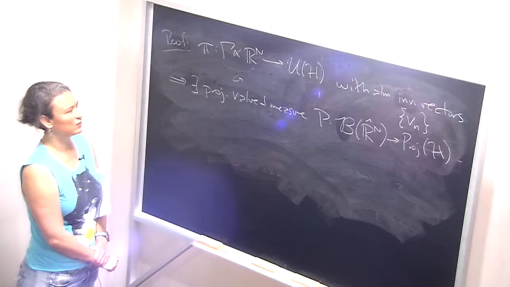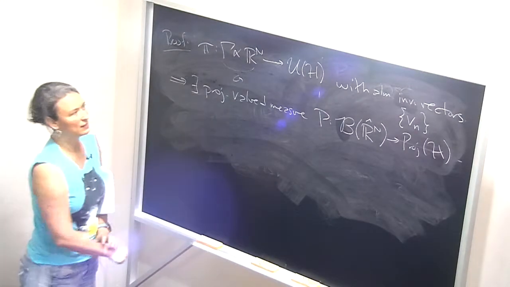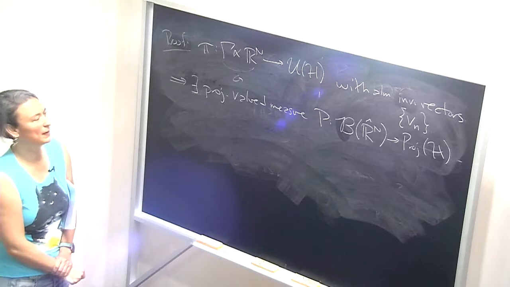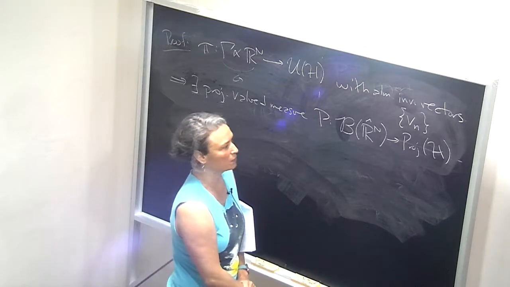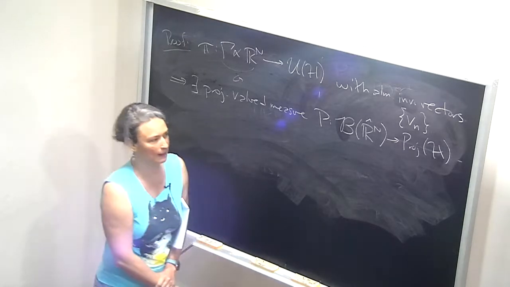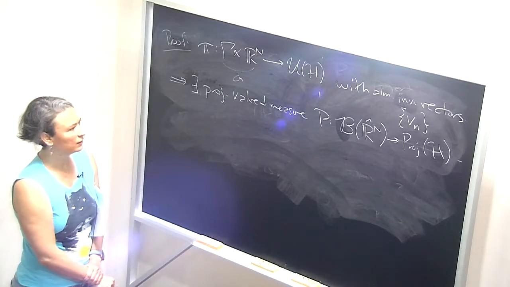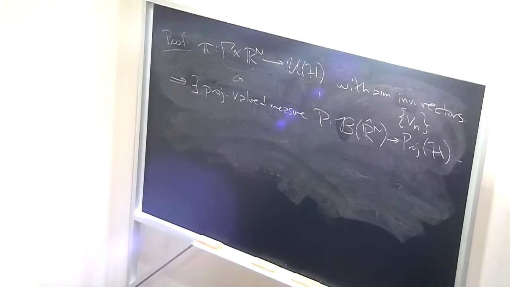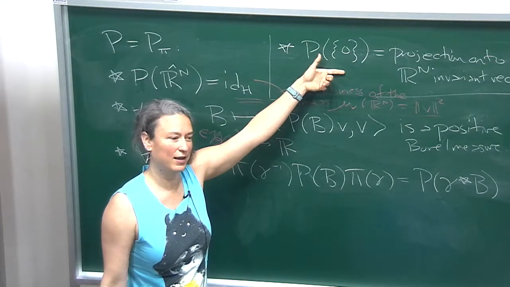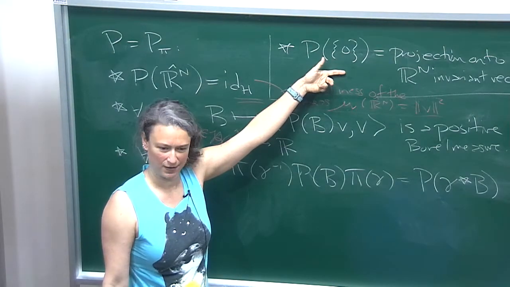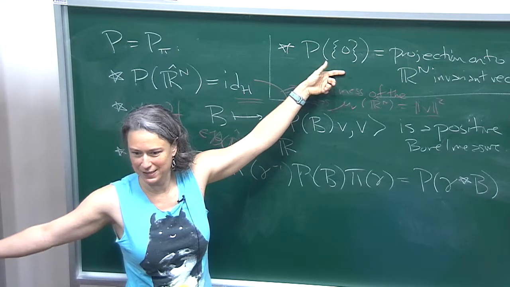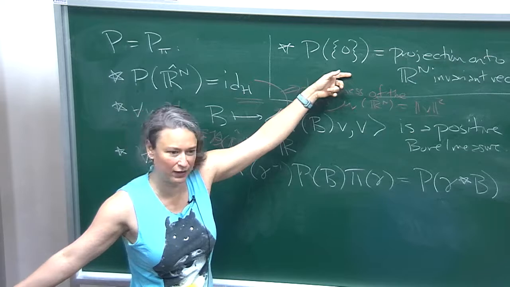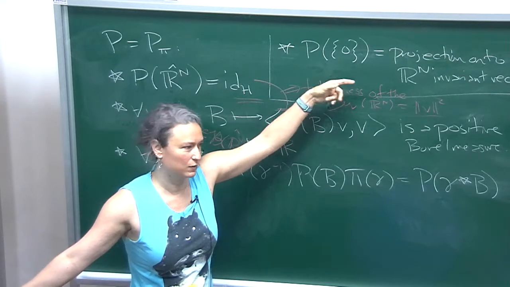So I have a projection valued measure, and I have a sequence of vectors that are almost invariant, okay? And I'm going to assume by contradiction that I do not have R^n invariant vectors, okay? So I want to show I have relative property T. If I have almost G invariant, then I have R^n invariant. By contradiction, assume I don't.